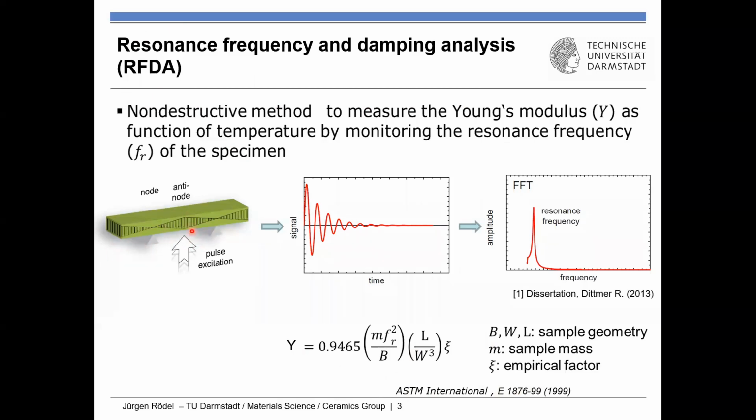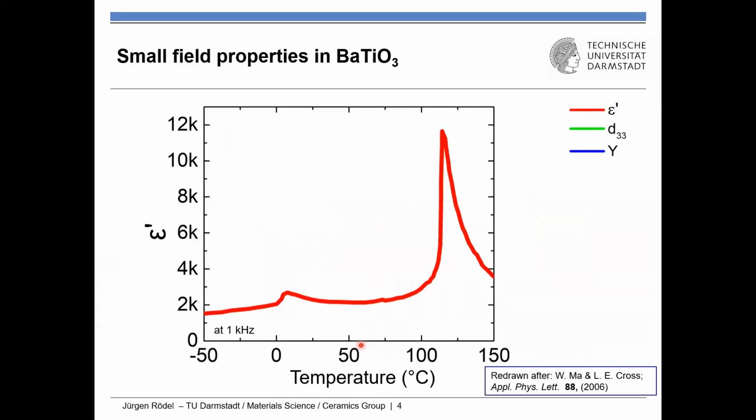You hit it a little bit with a hammer. You get this type of signal. A Fourier transform gives the resonance frequency. The resonance frequency gives the Young's modulus. We have a very nice machine which measures up to 1,500 degrees C, but it's not that easy and you need some time to do it. So that is how it goes.